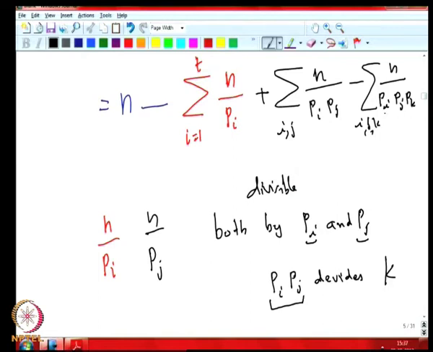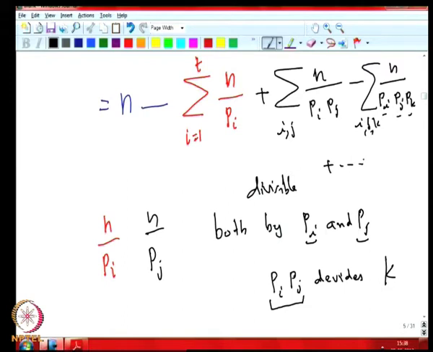We are selecting any three properties Hi, Hj and Hk, and then we want to count the numbers from the universe, 1 to n, which satisfy all three properties simultaneously, right. That means those numbers should be divisible by Pi, Pj and Pk. Which is equivalent to asking for the numbers which are divisible by Pi into Pj into Pk, that is definitely n by Pi into Pj into Pk, right. This is what we will get.